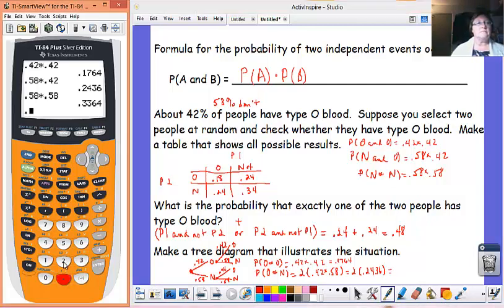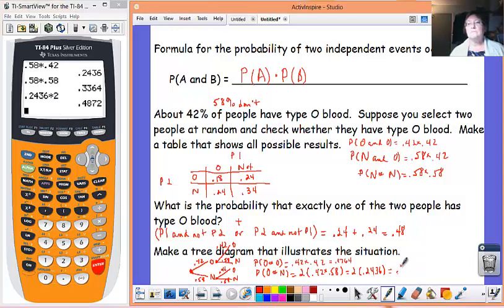And twice of that, 0.4872. Then we have one branch where it's a no and a no. So we can find the probability there by just following that branch, no, no. And we've already multiplied that one as well. 0.58 times 0.58 was 0.3364. And I would stipulate to you that for this experiment, we've covered all the bases, haven't we?